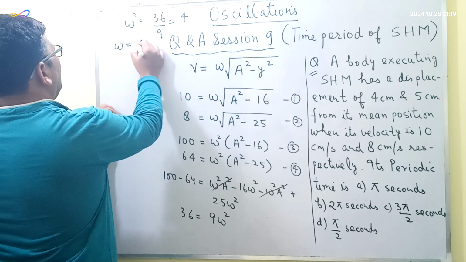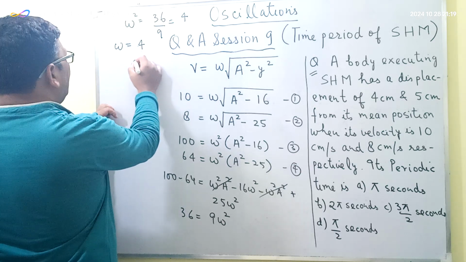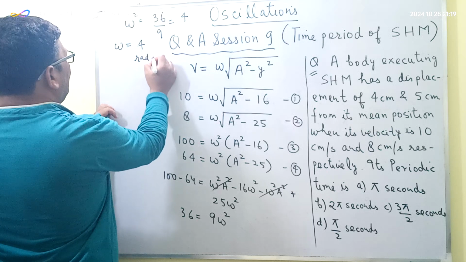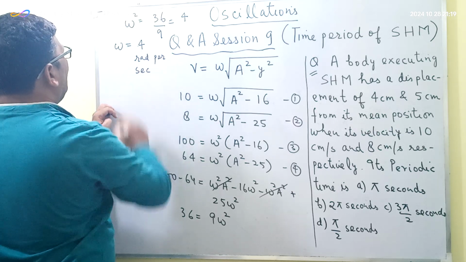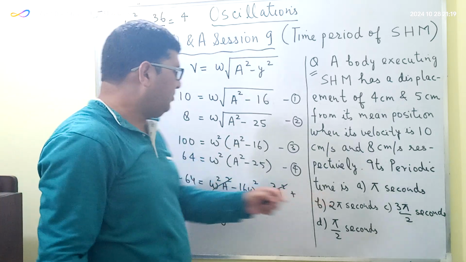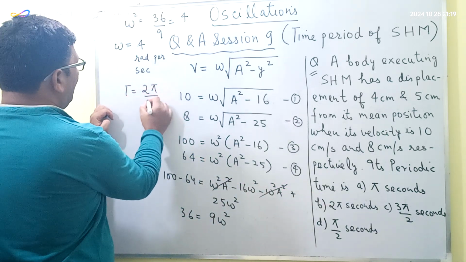Or we can say the value of omega is equal to 2 radians per second. Now we have to find the time period. Time period is equal to 2 pi upon omega.